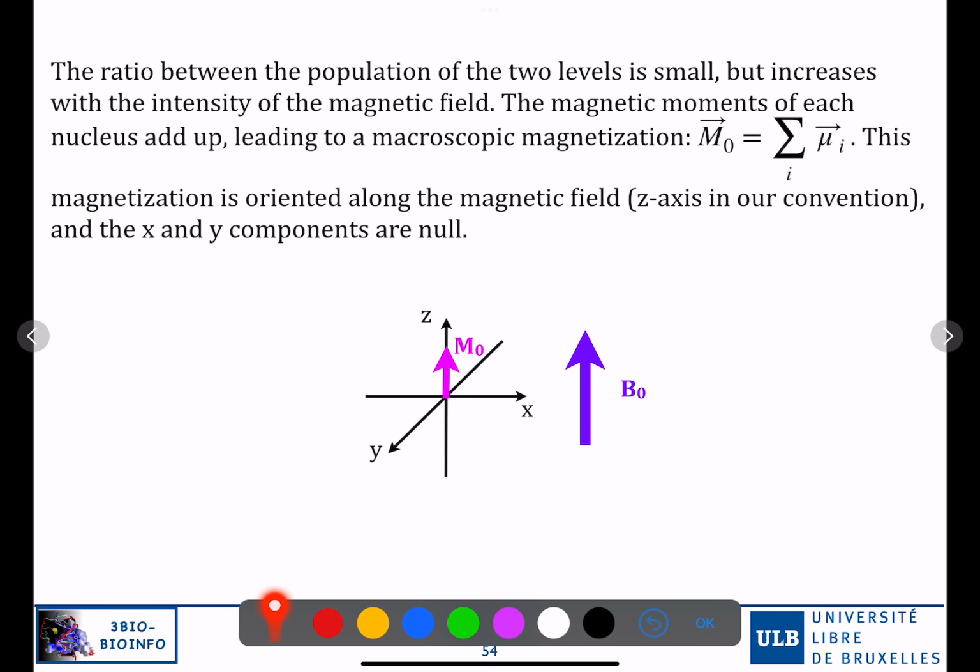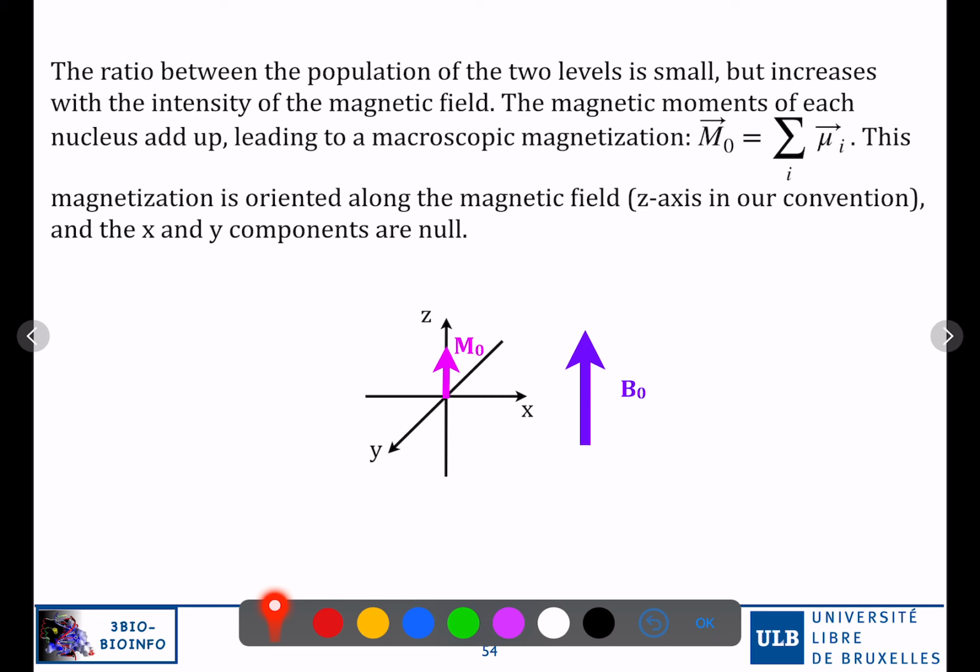So we have seen that we have macroscopic magnetization, but now how can we use that to extract some information about the protein structure?